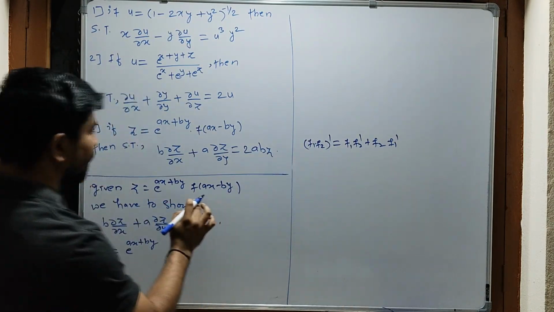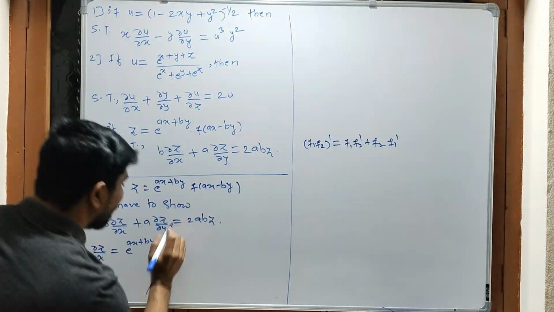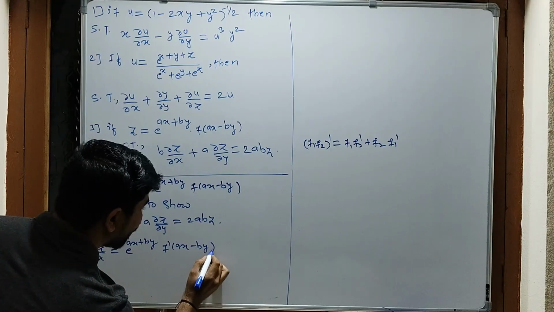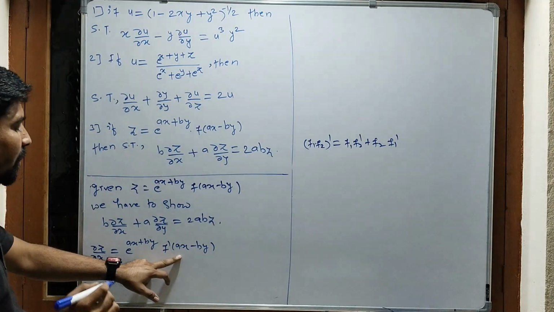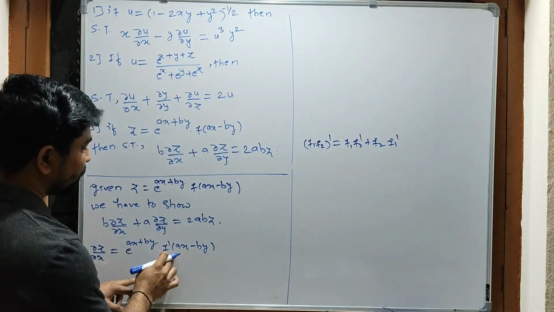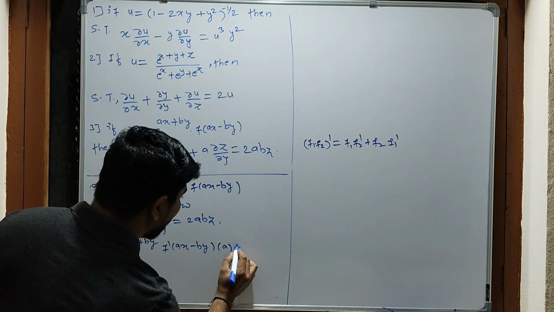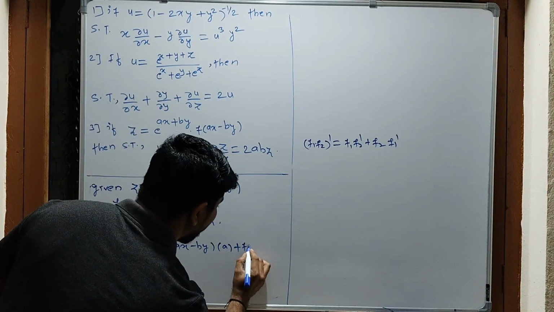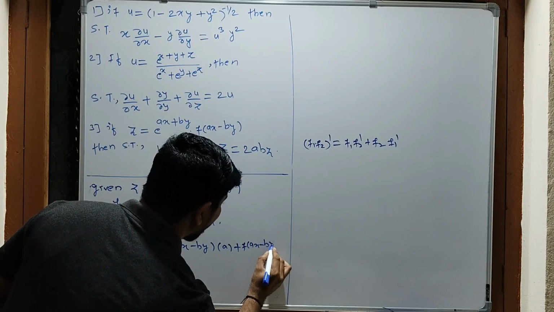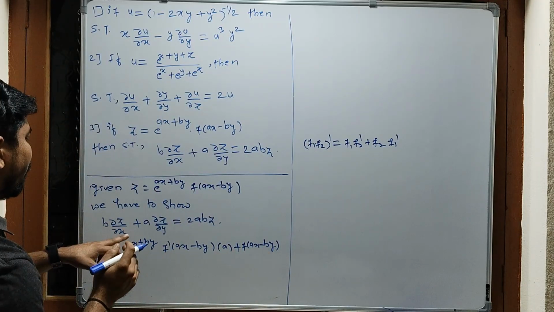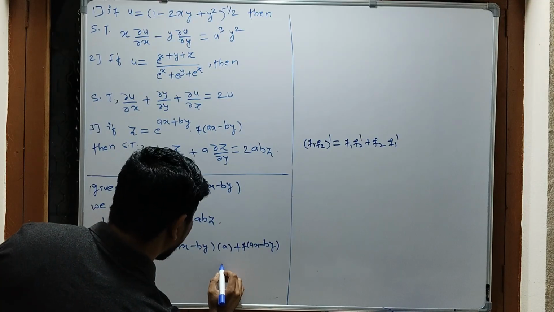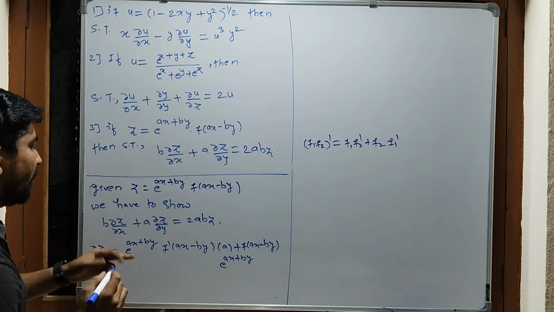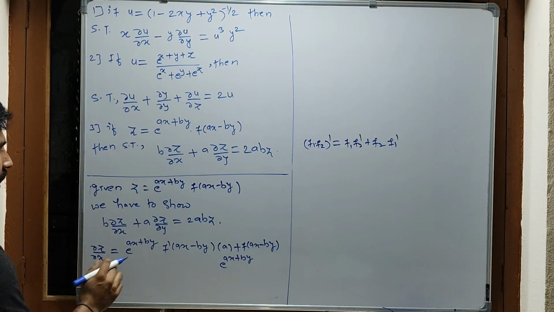So f1 as it is, times the derivative of f2, which is f dash of ax minus by into the derivative of the input, that is a, plus f2 as it is, f of ax minus by, into the derivative of the first, that is e to the power ax plus by into the derivative of the exponent with respect to x.